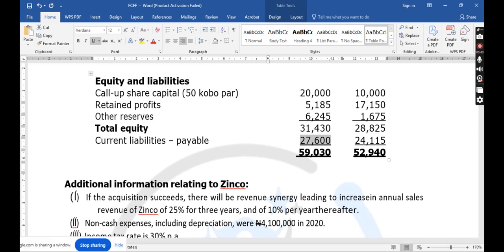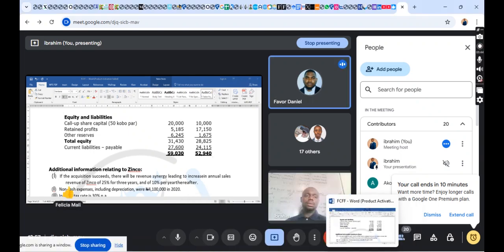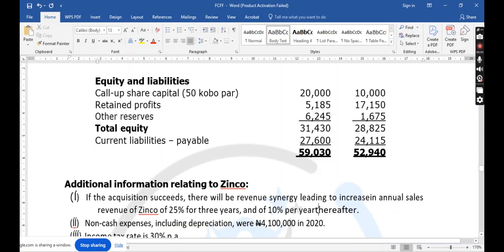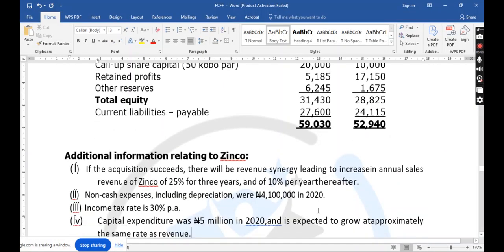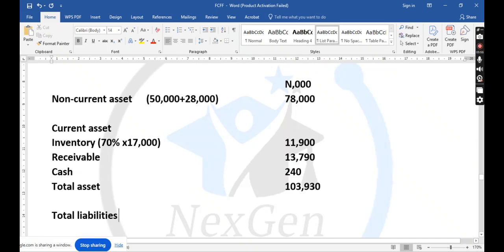Yes, sir. Correct. Okay, please, I need to confirm if we are following. So this is 27,600. So current assets minus current liability.